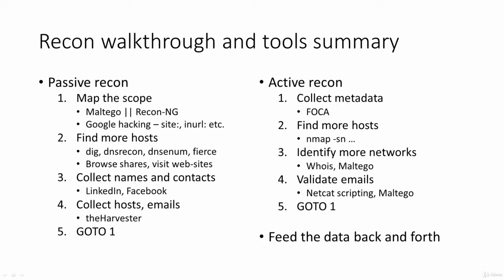Okay, so let's start with the passive reconnaissance step 1. We map the scope of the client. So we use Maltego to dig into some basic information about what the network properties are, what's the presence in terms of DNS names, so what's the MX record, what's the NS record, what's the WWW record, what is the list of popular DNS names within that domain, and what are the IP addresses of those host names, right?